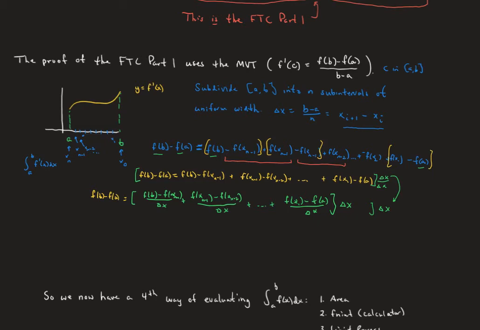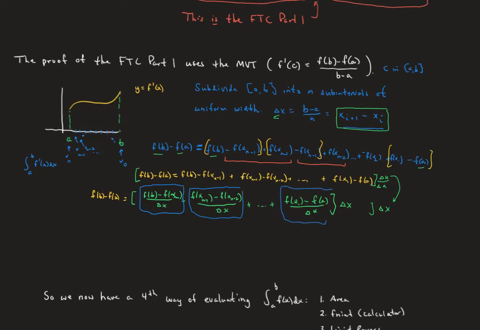Now this delta x, remember, is the same thing as x sub i plus 1 minus x sub i. What we're trying to see is that what we have in each one of these is an opportunity to use the mean value theorem.